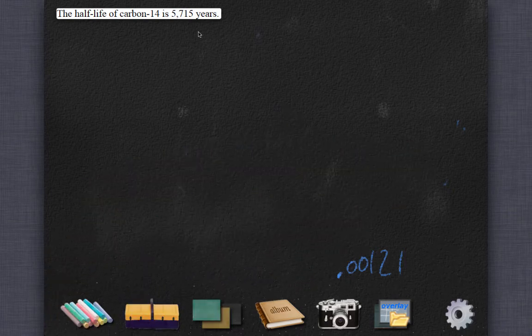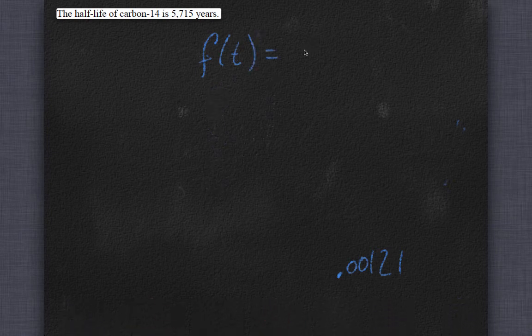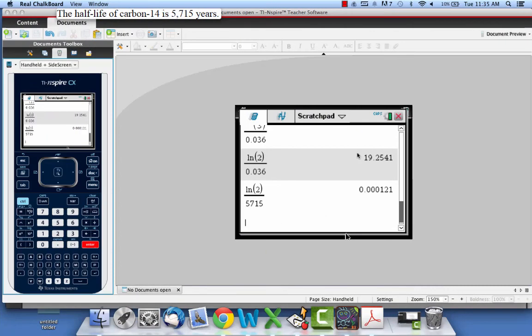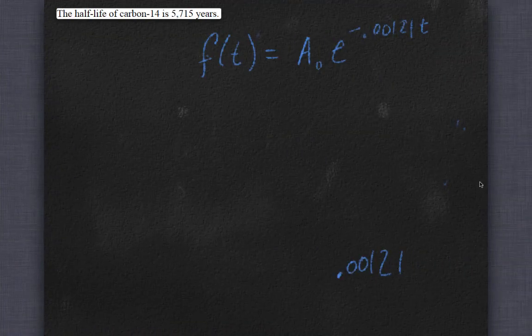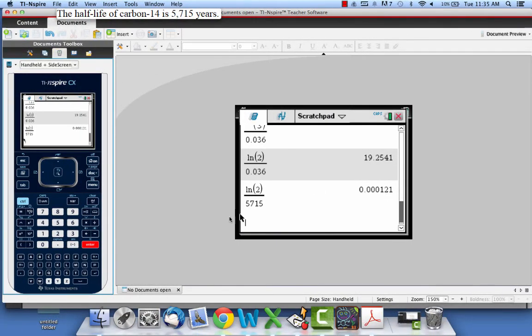So this means the formula is going to be a sub 0 times e to the negative 0.00121t. Am I missing a 0 there? Yes. 0. Okay, so this is the formula.